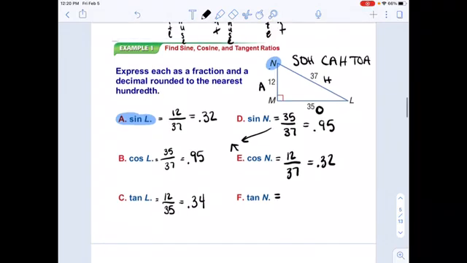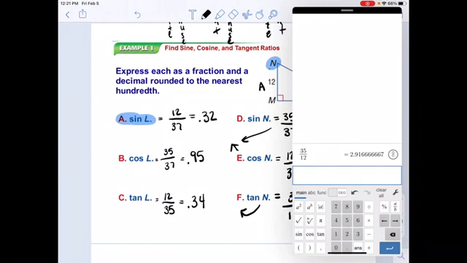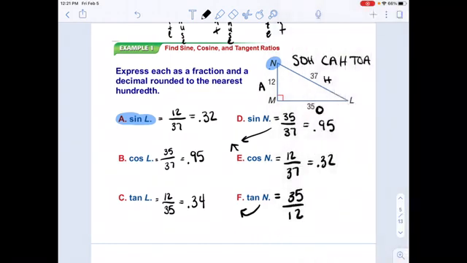And the tangent of N, opposite over adjacent, is the reciprocal of the tangent of L. Which we end up getting 2.92 as our solution there.